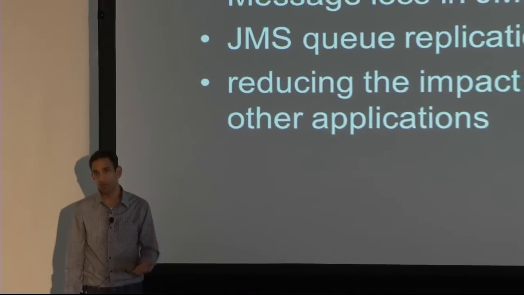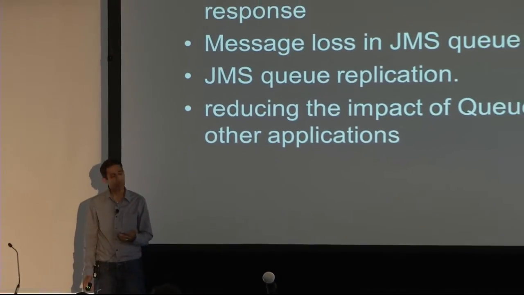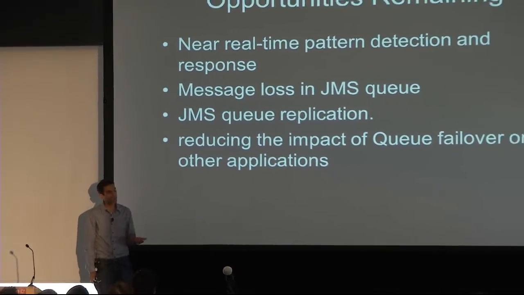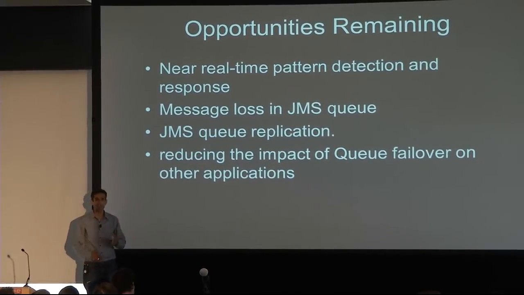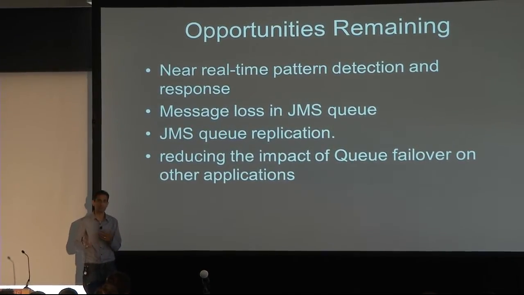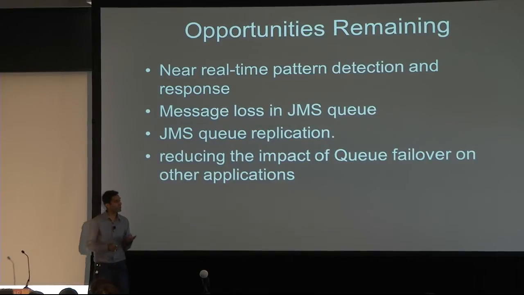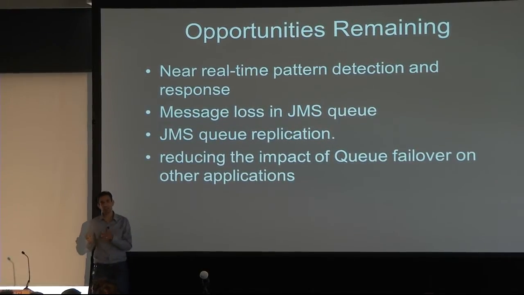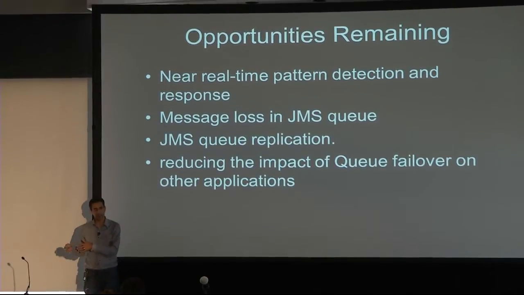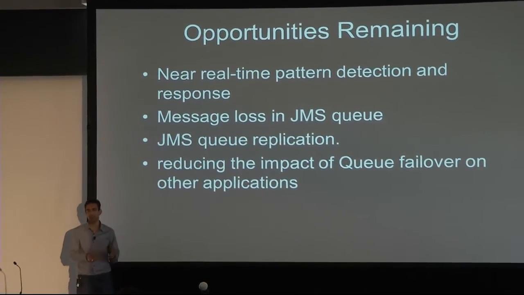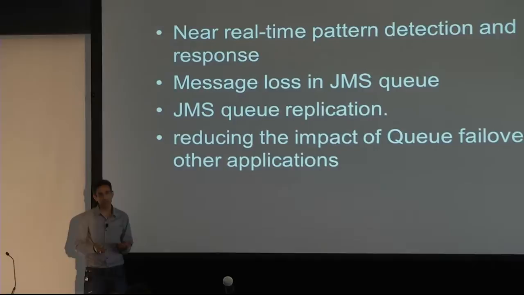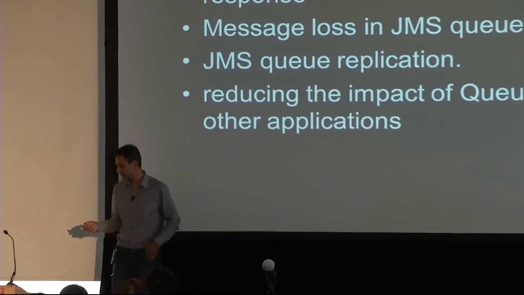What are some of the opportunities remaining? There is real-time pattern detection, and such sort of things come about because of the advent of some new technology that has come on the horizon. So we will take it from there to see how the next iteration of an architecture like this could be done. And for that, I'll turn it over to Fausto.